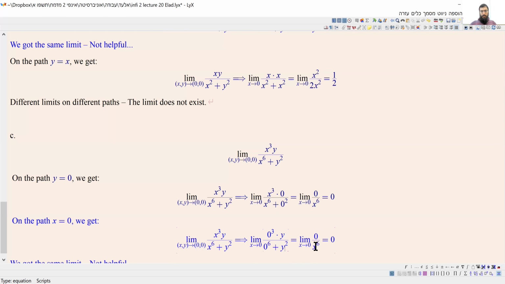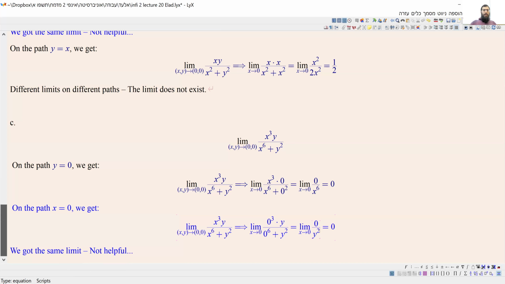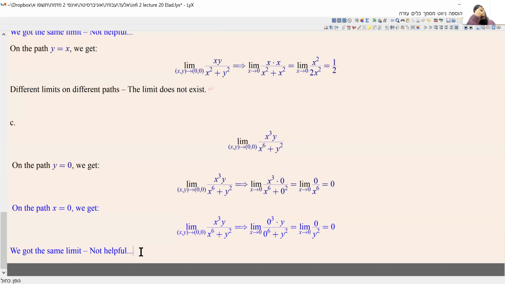Still 0, not very helpful. y equals x cubed, we can, and it will work. But let's do it quickly.